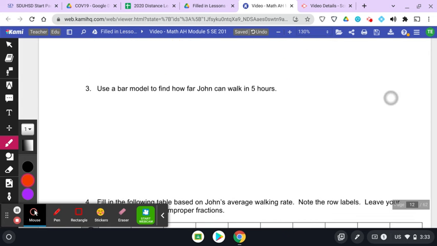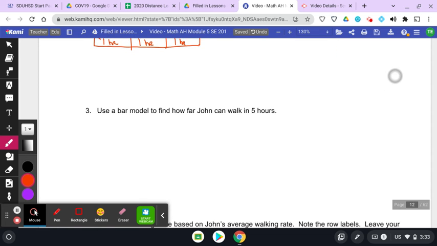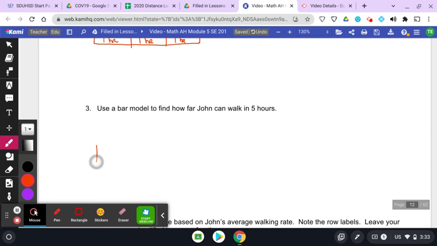How far can he walk in 5 hours? Okay, so 5 hours. 1, 2, 3, 4, 5 hours. I know that each hour he walked 8/3 miles. That's what I figured out from number 2.